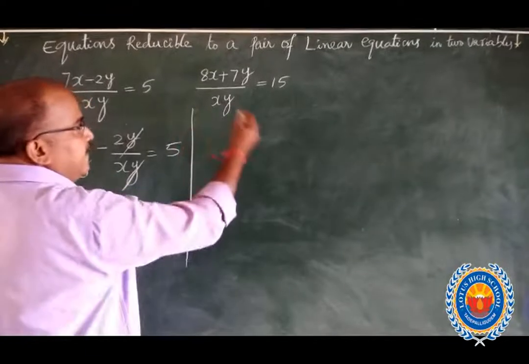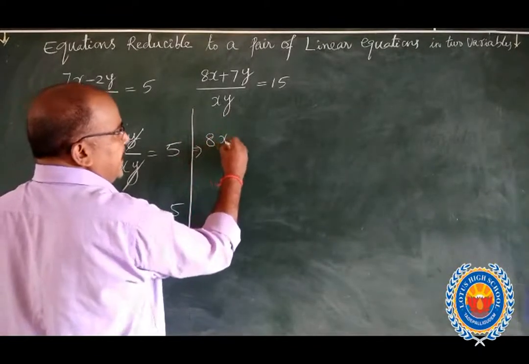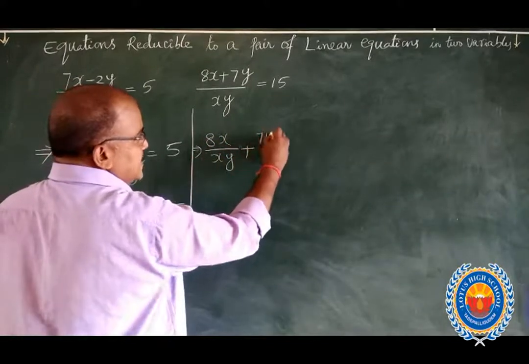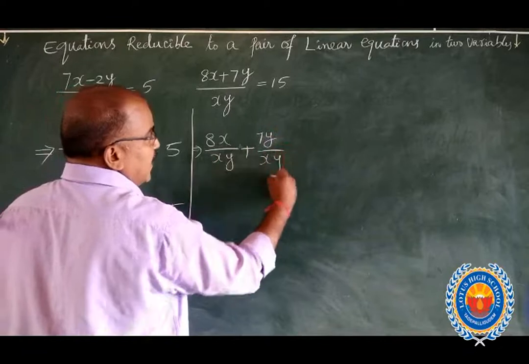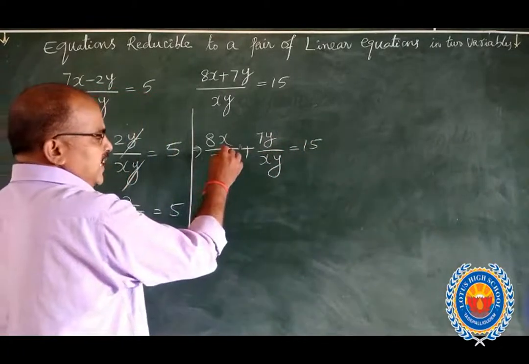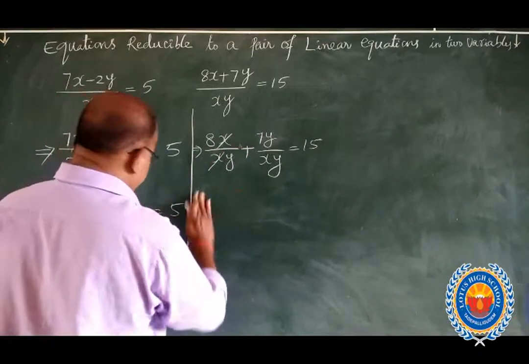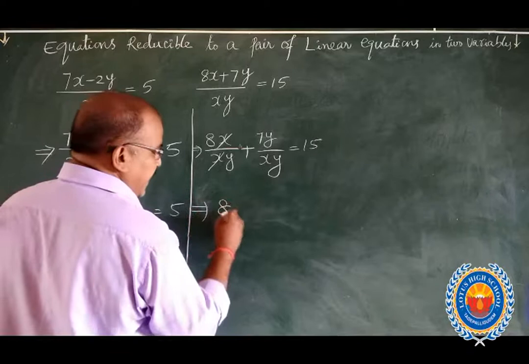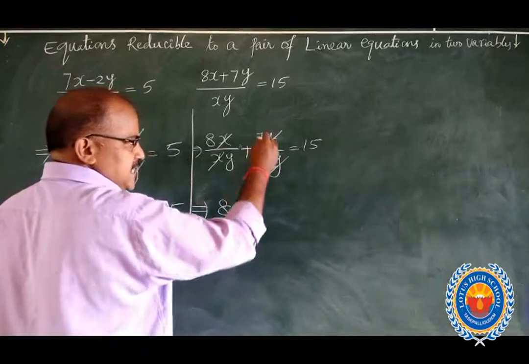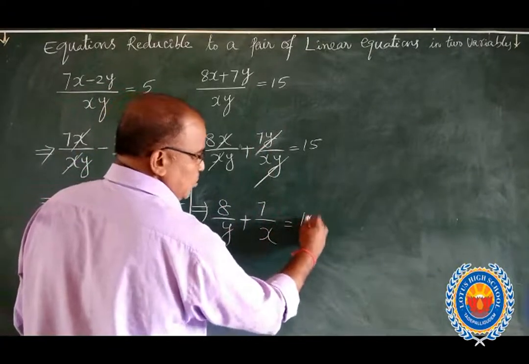Coming to the second equation, 8x by xy plus 7y by xy is equal to 15. So x and x will be cancelled, then that is nothing but 8 by y plus, y and y will be cancelled, 7 by x is equal to 15.